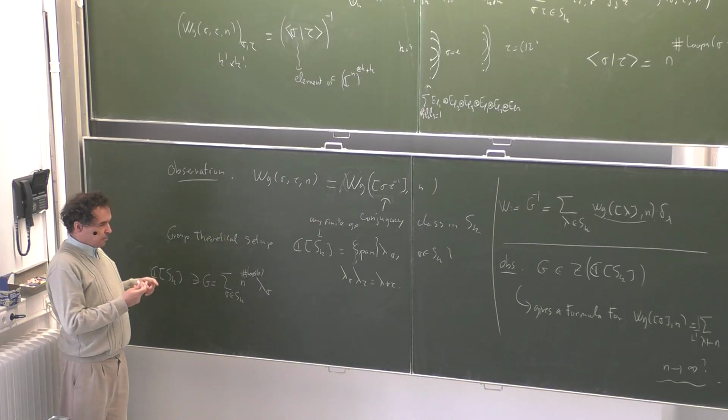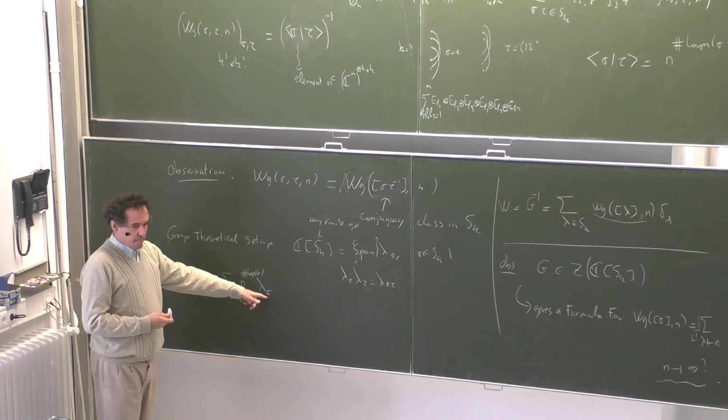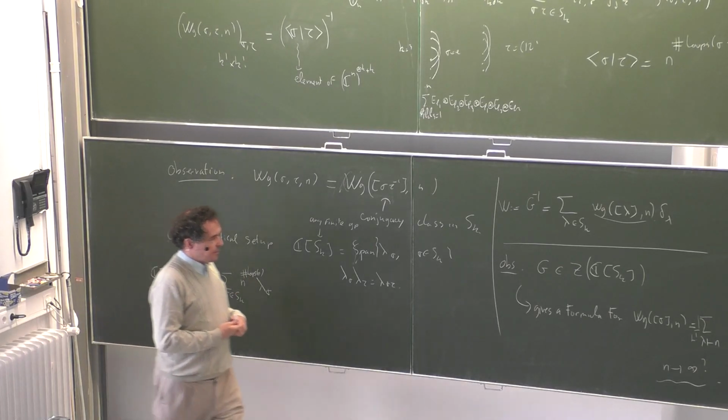The number of loops is a number between 1 and k, and it will be maximized if sigma is the identity.